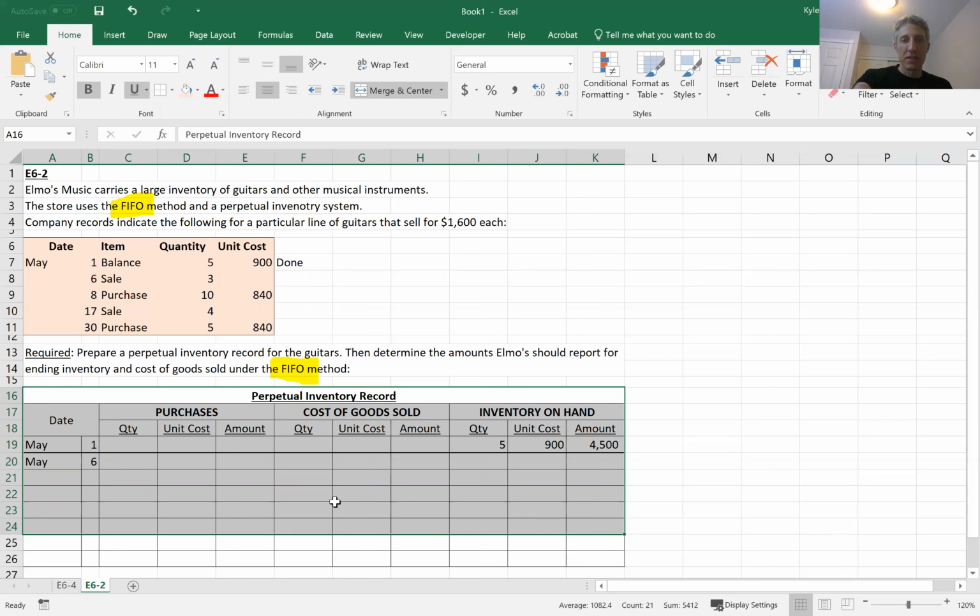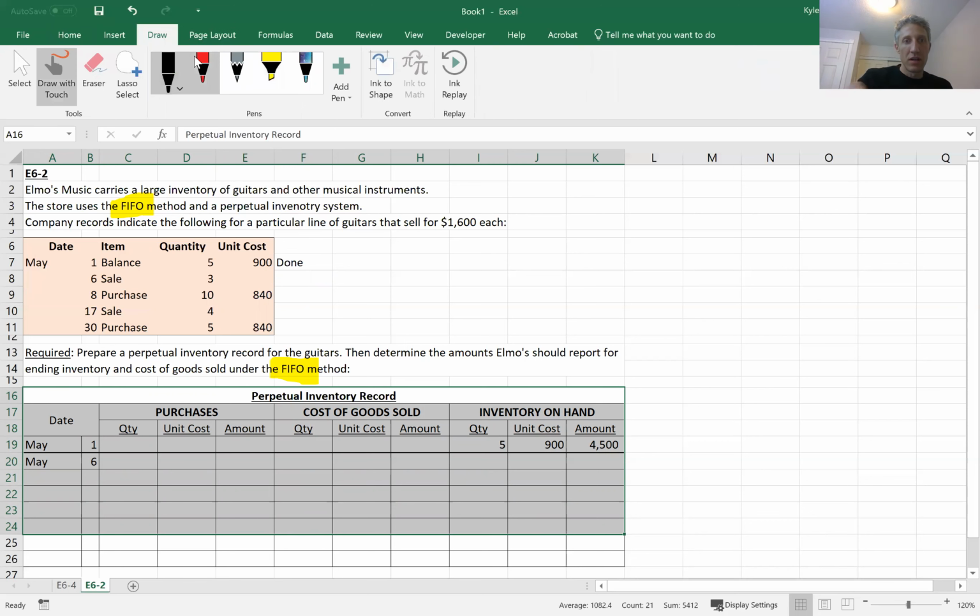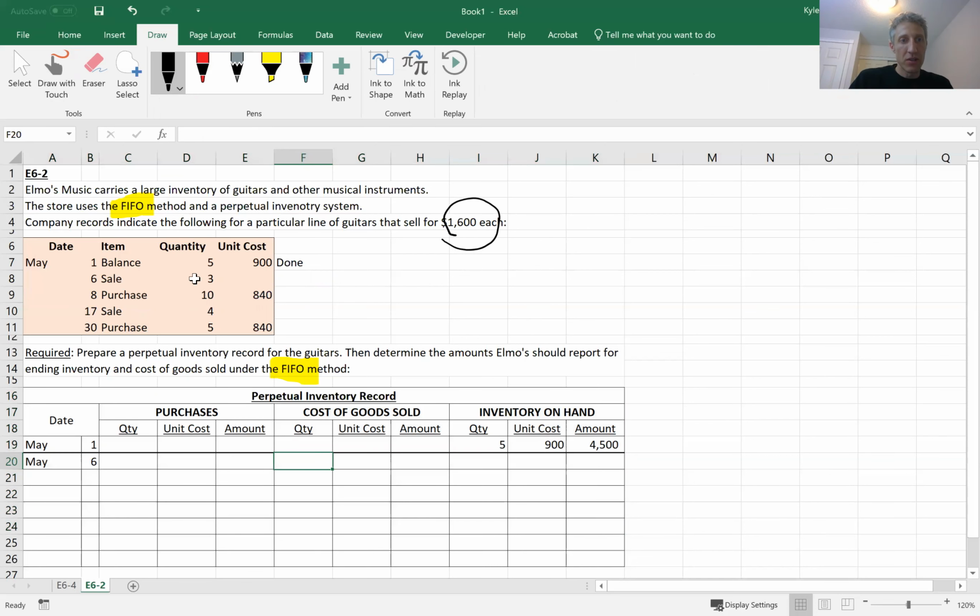Although it does give us the sales price, each guitar sells for $1,600, I don't need it to calculate cost of goods sold. I just need to know the quantity and the unit cost. So we sold 3, so I'm going to put that as my quantity.